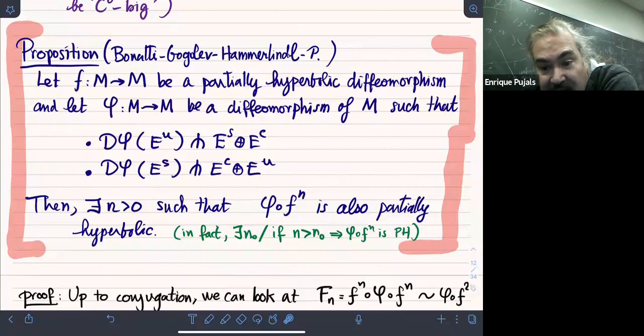Yes. But they're saying that you could be doing this trick, not necessarily with a hyperbolic geodesic flow, but with a truly partially hyperbolic geodesic flow. Yes. And we know that there exist truly partially hyperbolic geodesic flows. And then if you have this criterion or transversality criterion, maybe you produce something that is not in the class of hyperbolic geodesic flow.